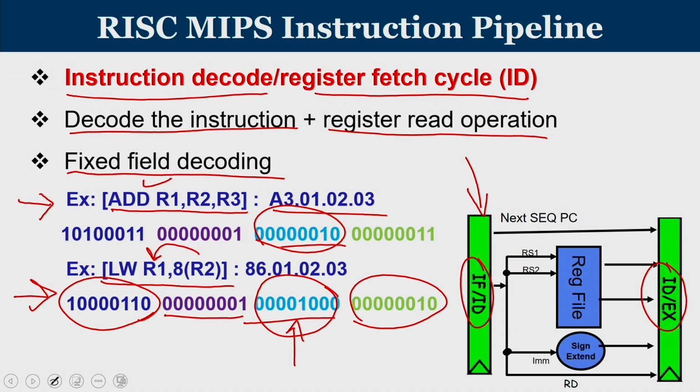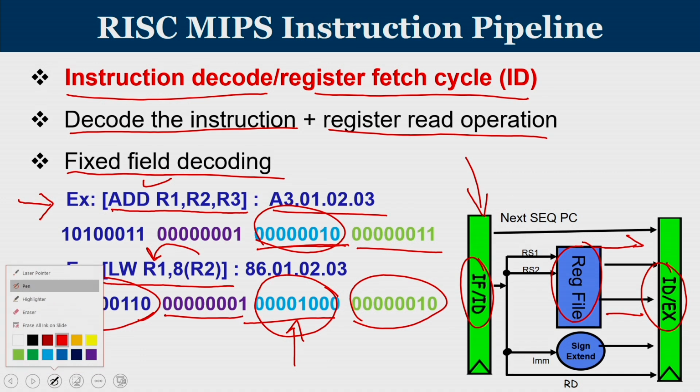So, both the possibilities are being considered, and once you understand what the operand is, in this case the contents of R2 and R3 are both read from the register file and they are brought into the ID/EX register. So, let us try to understand what this operation is.